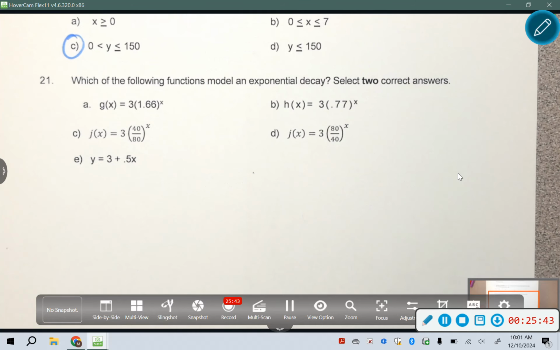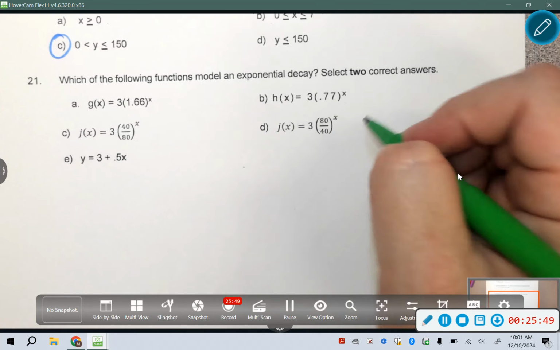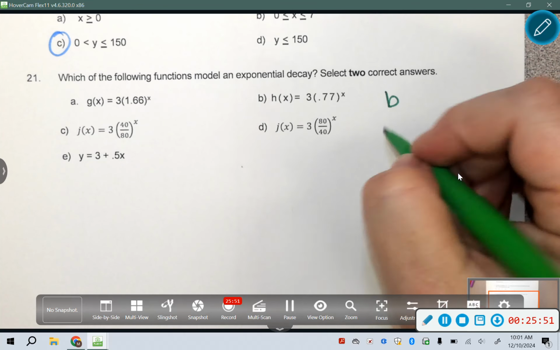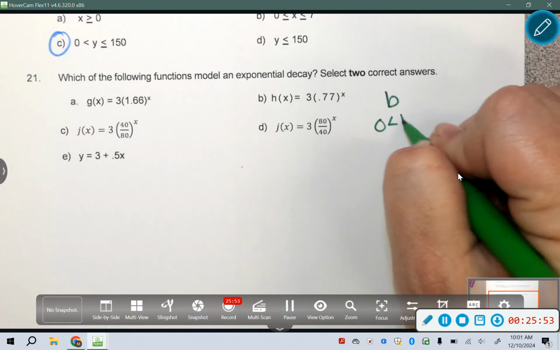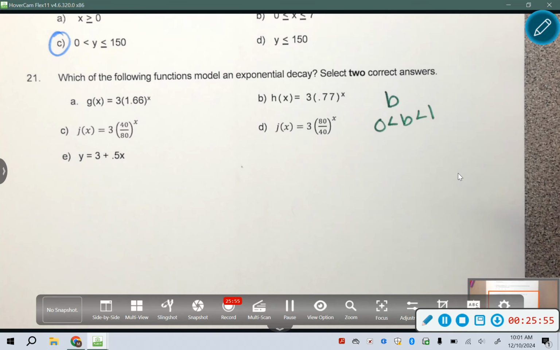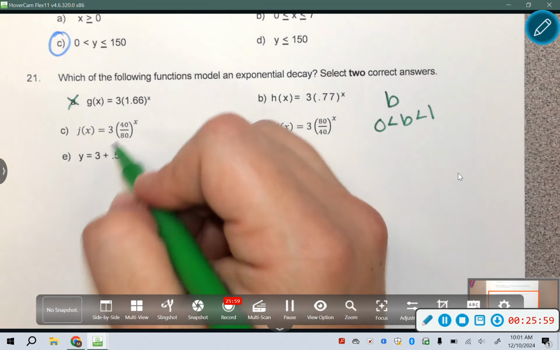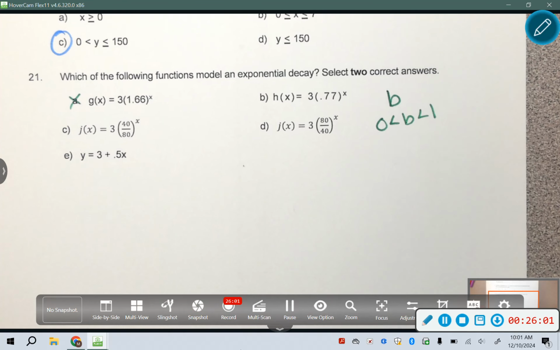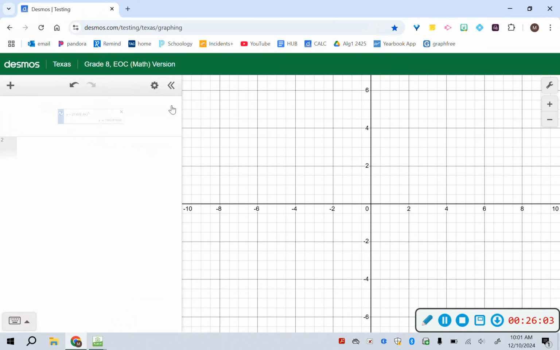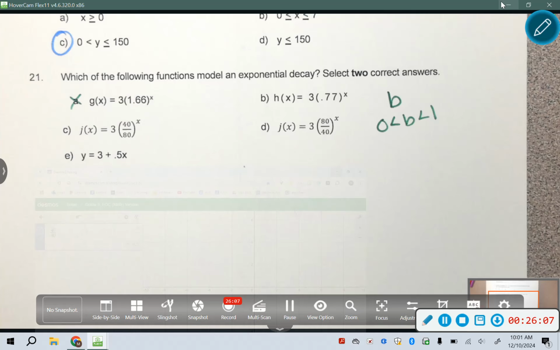Last question. It says, which of the following functions models an exponential decay? So the biggest thing to remember is that b, when it's decaying, has to be between 0 and 1. Okay, well, 1.66 is bigger, so that's not my answer. 40 divided by 80, if we don't know, we can type it in our calculator. 40 divided by 80 is 0.5.